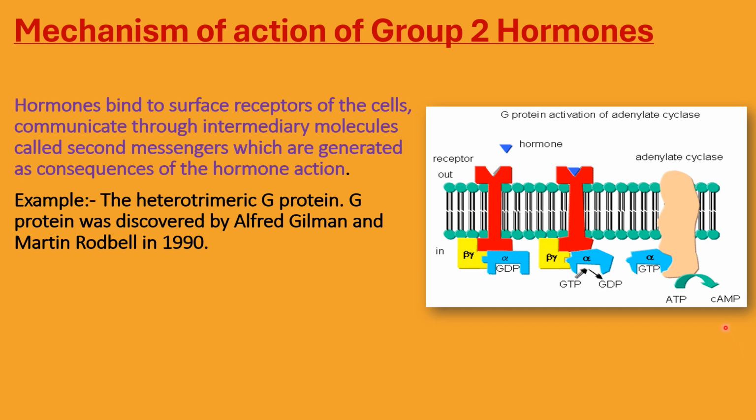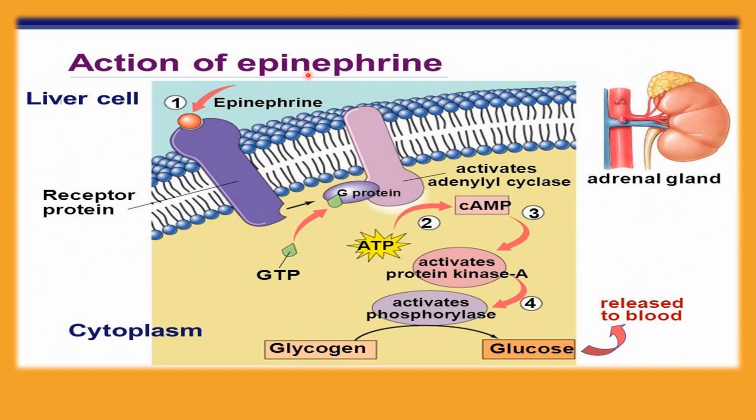There are other second messengers as well, like cyclic GMP, calcium, IP3, DAG molecules. We shall discuss them later. So continuing on the mechanism of action of group 2 hormones, as I have discussed the generation of cyclic AMP, let's try to understand with the example of epinephrine, which is one of the group 2 hormones.